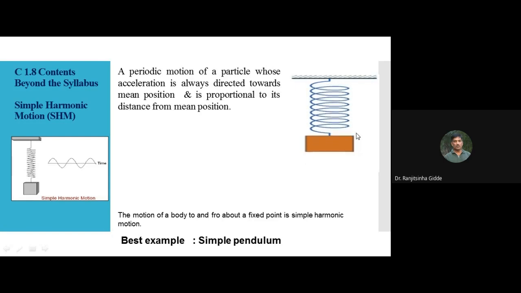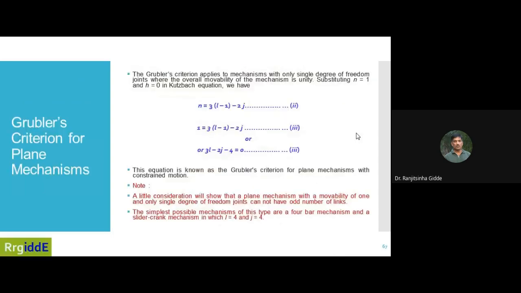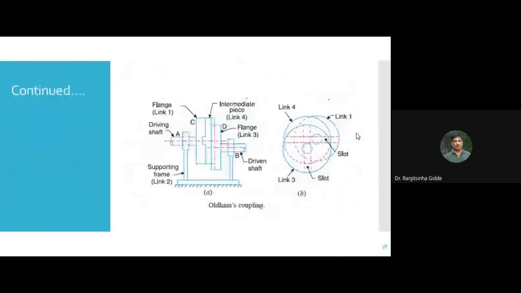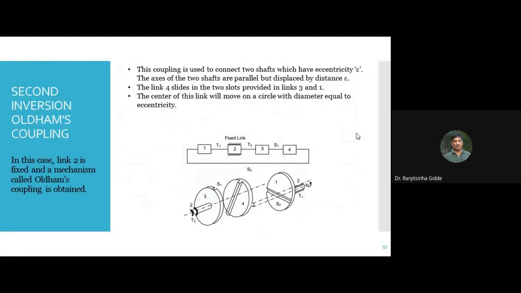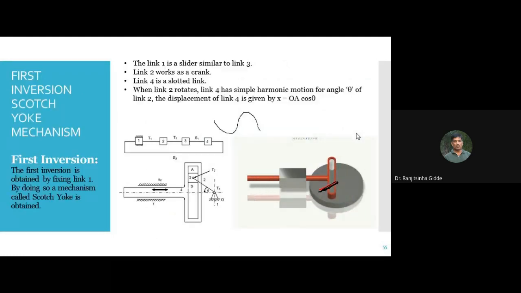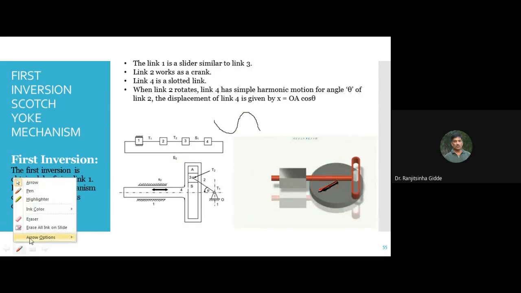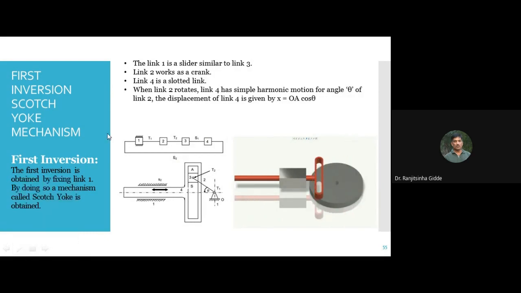So this type of motion is called a simple harmonic motion. So this is the first inversion of this double slider crank mechanism.